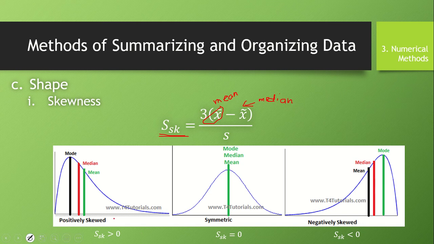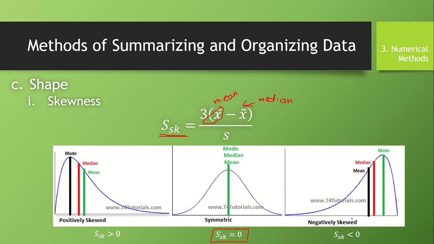Now if your data is more clustered on the left side, then that's called positively skewed. If it's an ideal one, meaning symmetric, if you divide this by 2, then almost they have the same shapes. Now they're symmetric, that would mean that the skewness is equal to 0.